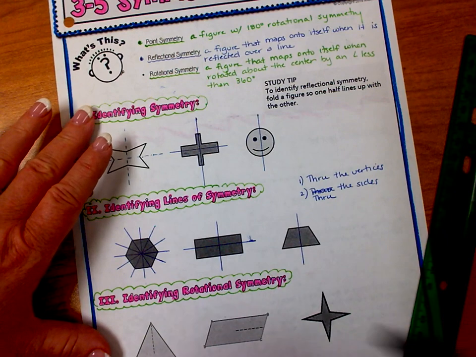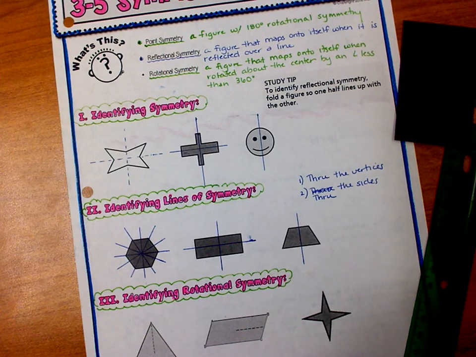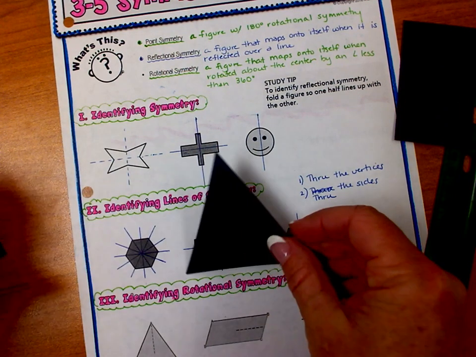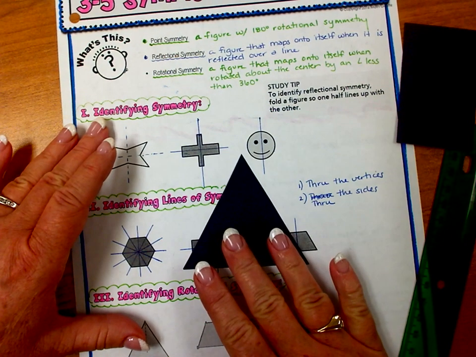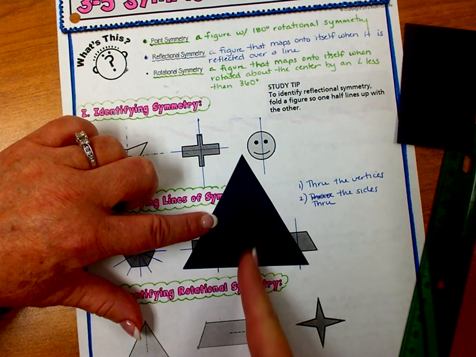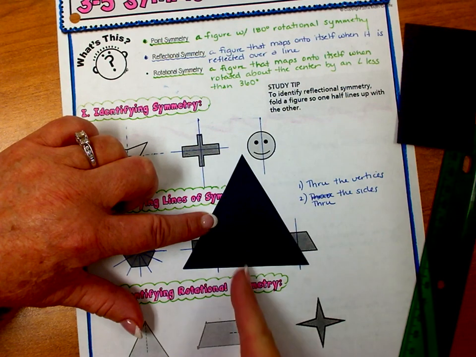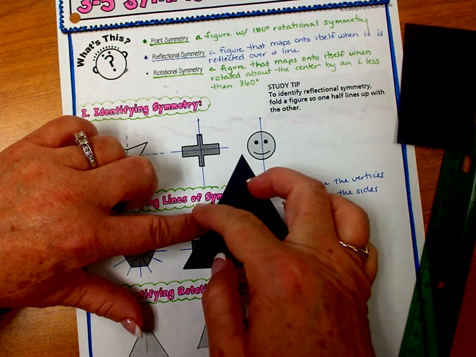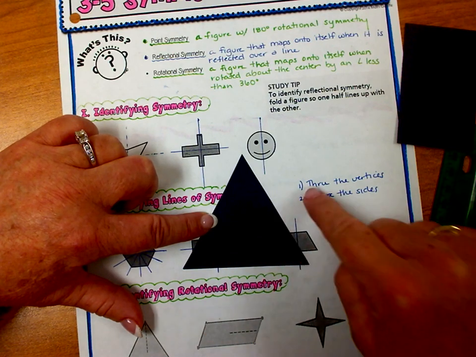Okay, let's look at another one. Here's an equilateral triangle. Each side is the same. So I have lines of symmetry that go through here. So one vertex through one side, through another vertex and another side, and finally through the last vertex and the last side.